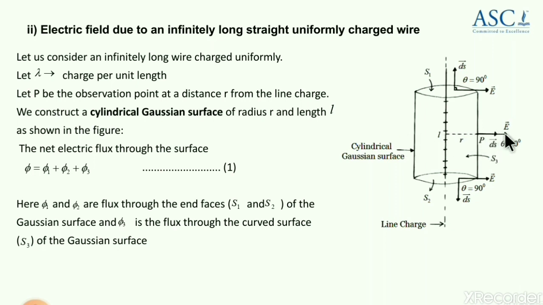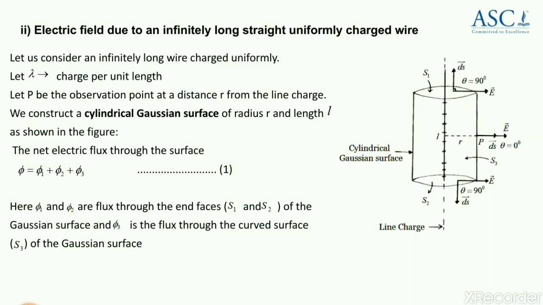Since I have chosen this direction, this is the place where I have marked electric field E. Now this is the region, a small unit area on the Gaussian surface. If you draw the normal, it will also lie along the same direction as that of the electric field line. Hence here theta between E and ds vector is 0 degrees.